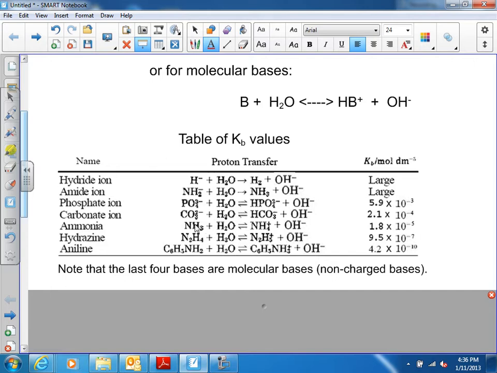When you have a molecular base, the conjugate acid always has a positive charge. Okay? The first 4 examples are your anions, your bases that are anions. So anions can be bases. Cations, these over here, those are never bases.